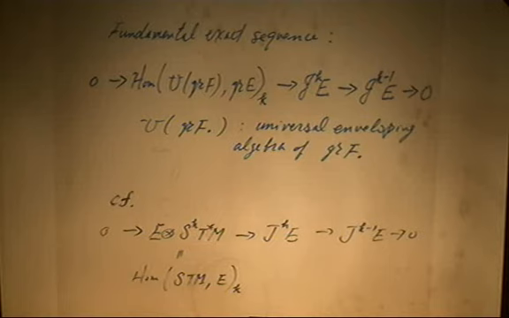That is nothing but the symmetric tensor spaces tensored with E, and this is exactly the enveloping algebra of the abelian nilpotent Lie algebra. So this is a very natural generalization.